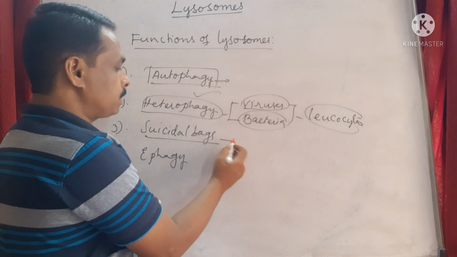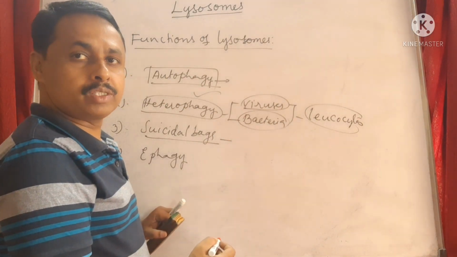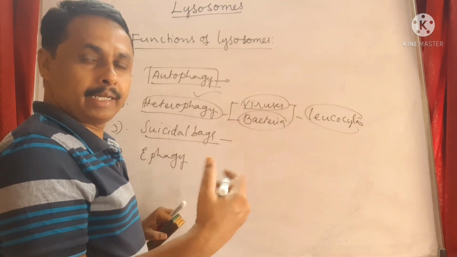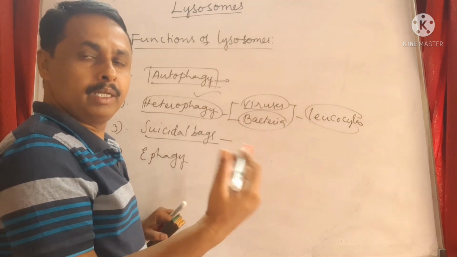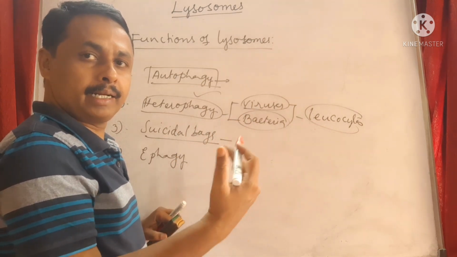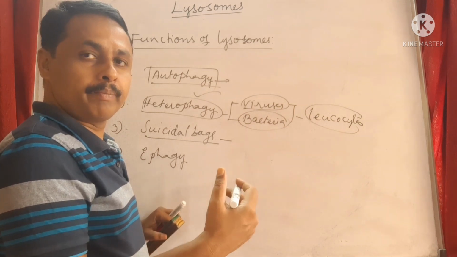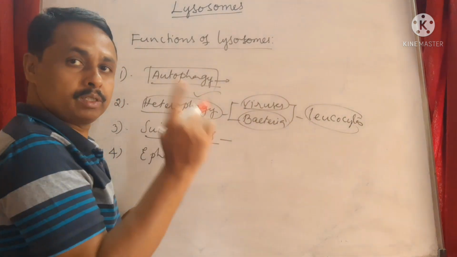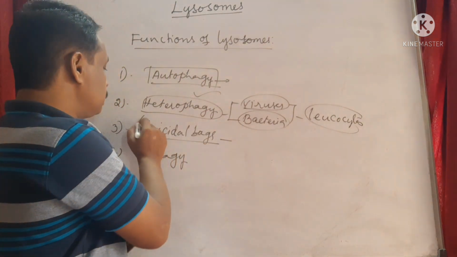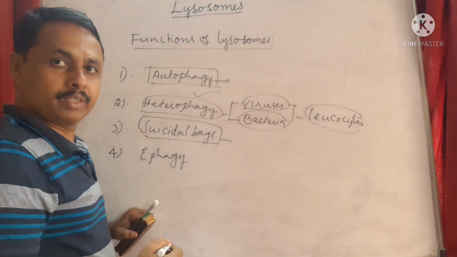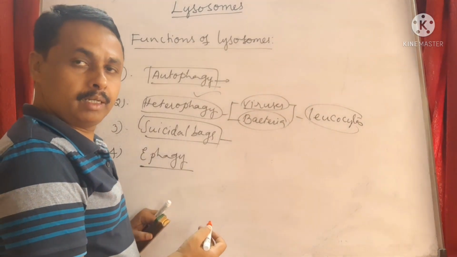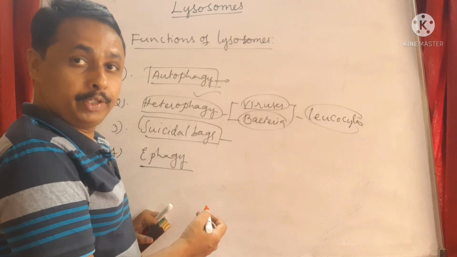And suicidal bags: under starvation condition, they feed their own content like mitochondria and endoplasmic reticulum, which are attacked and digested. Because of that activity, these lysosomes are considered as suicidal bags of the cell. And E-Phagy, as I told you, is otherwise called residual bodies.